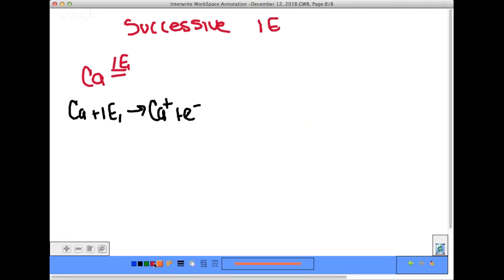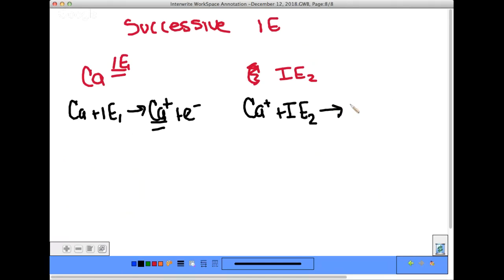Next, we'll say this is ionization energy number 2. What if I want to remove another electron? So now I'm taking this calcium and removing another electron, so I'm going to add some more energy, and I'm going to produce another cation.